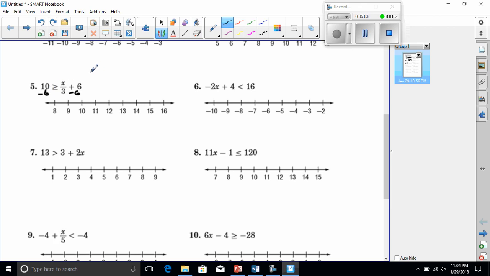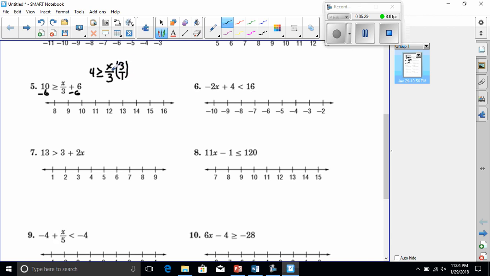Well, that's going to leave me with 4. My symbol stays the same so far. And I have x over 3. Once again, because my denominator is 3, I'm going to multiply it by the reciprocal, which is 3 over 1. Okay.